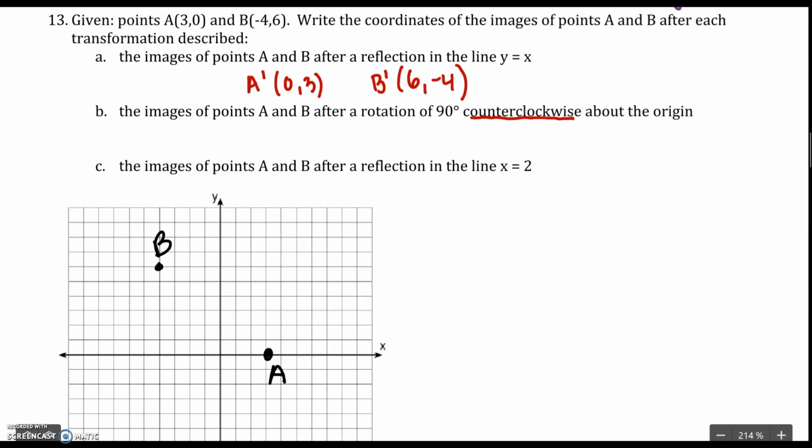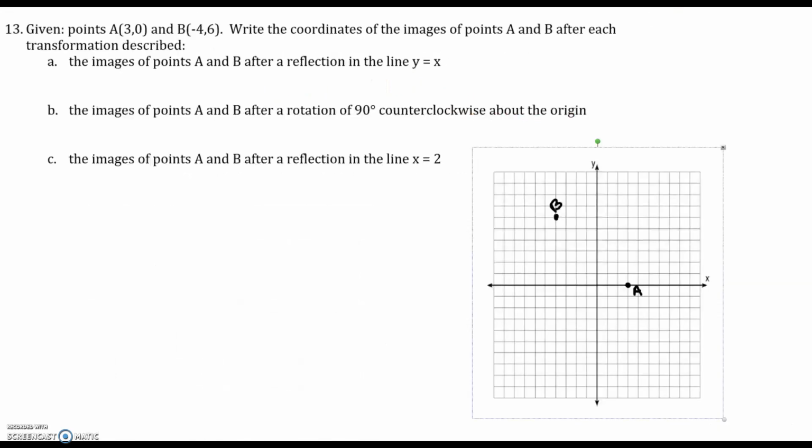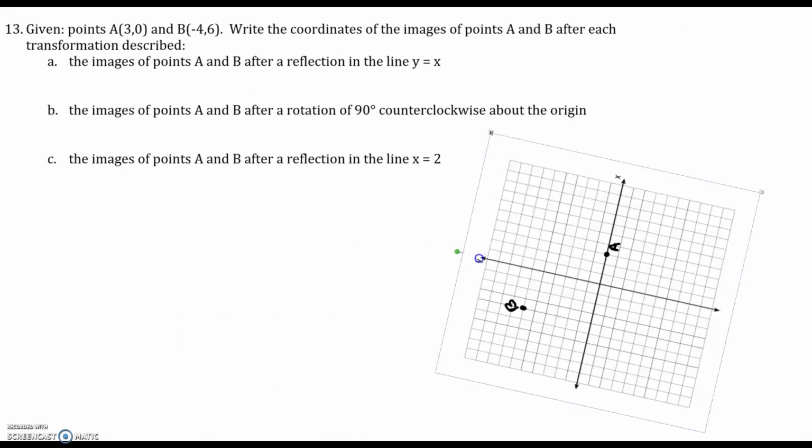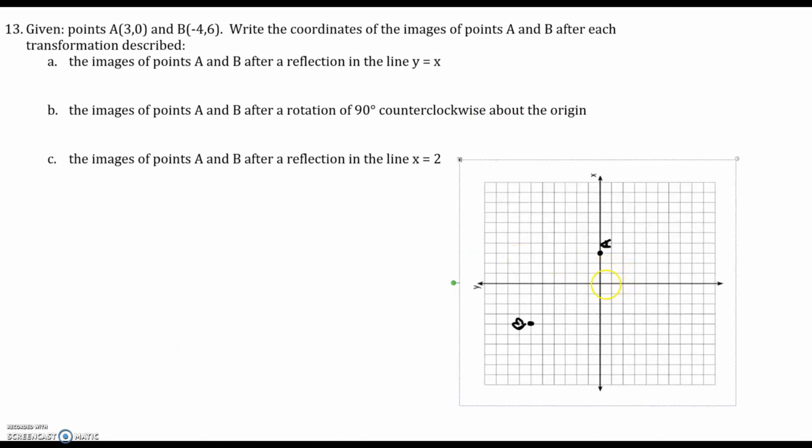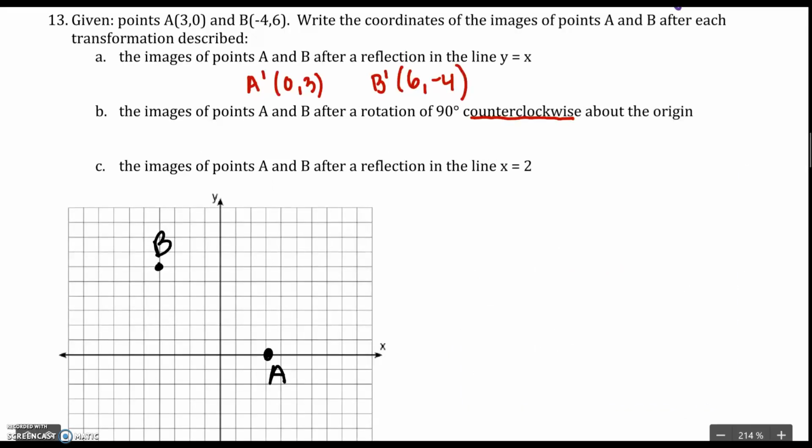So if we're doing this on the graph and rotating it, you're going to go counterclockwise 90, and you'll see A is at 0, 3, and B is at negative 6, negative 4. So A double prime would be at 0, 3, and B double prime would be at negative 6, negative 4.